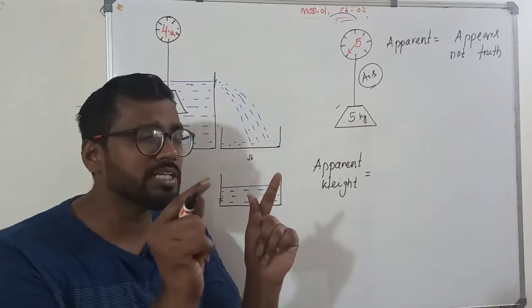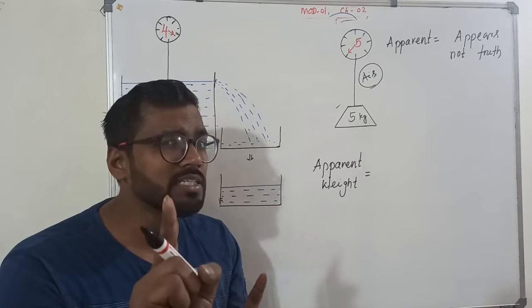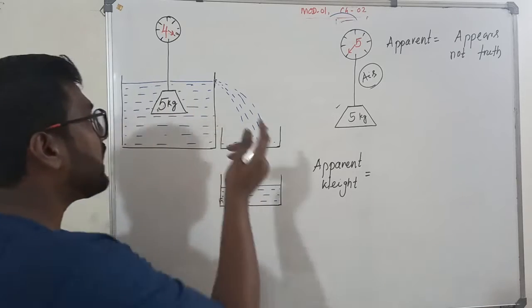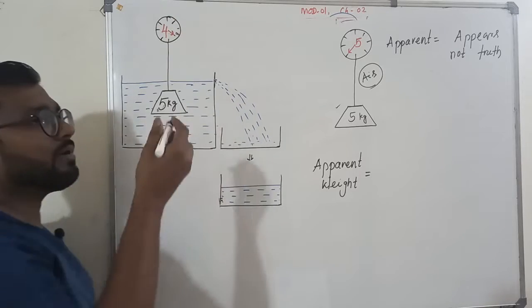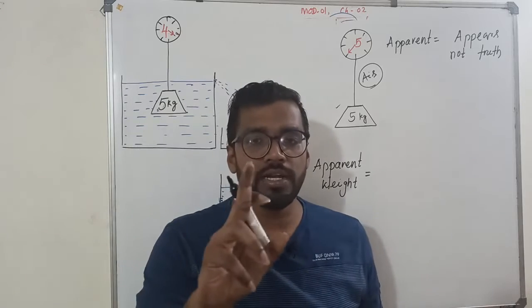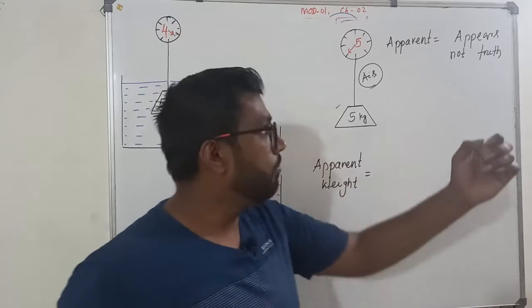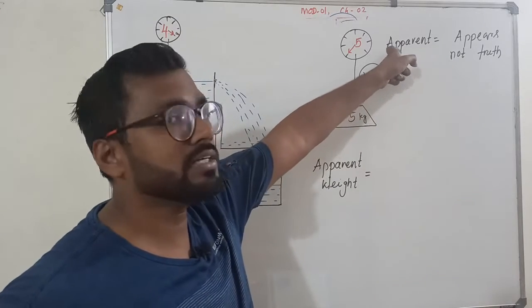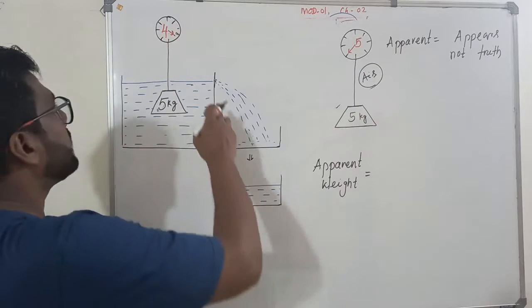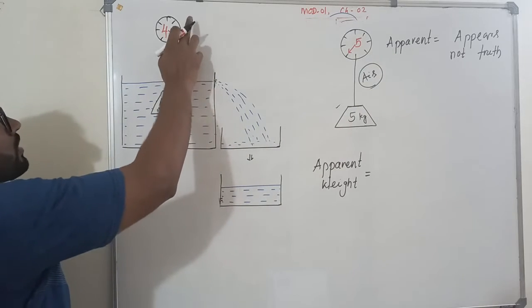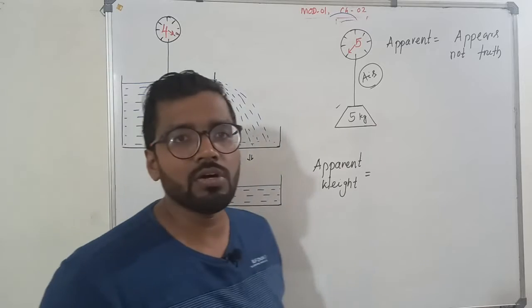But here I am seeing a very interesting thing. Now the reading in the weighing balance has changed. Before, in air, it was showing 5 kilogram. Now when this is inside the water, it is showing me 4 kilogram.